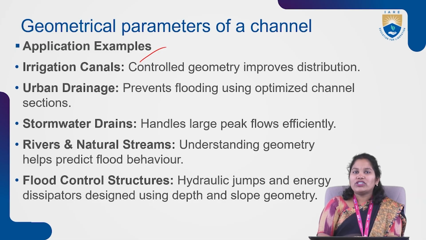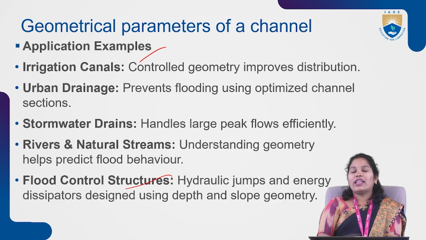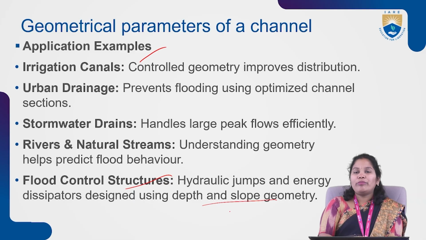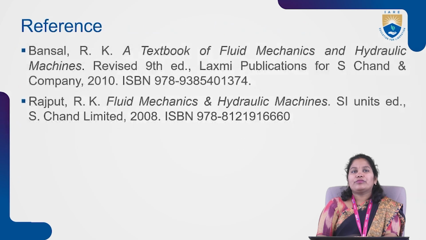Rivers and natural streams: understanding geometry helps predict flood behavior, and flood control structures like hydraulic jumps and energy dissipators are designed using the depth and slope geometry. These are the applications of your geometrical parameters.